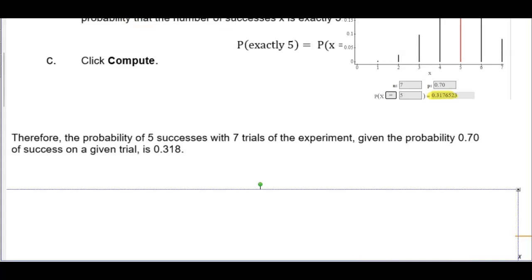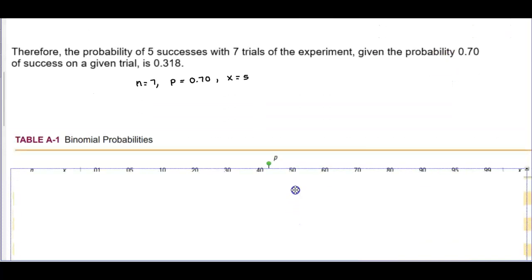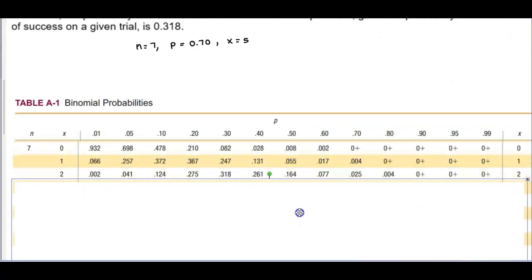Now, if I wanted to use the table, again, we need to look at how we set up this probability symbolically. We know that n is equal to 7, we know that p is equal to 0.70, and we know that x is equal to 5. So if we wanted to use our binomial probability table, we want to make sure that we have n equal to 7. That's the first thing.